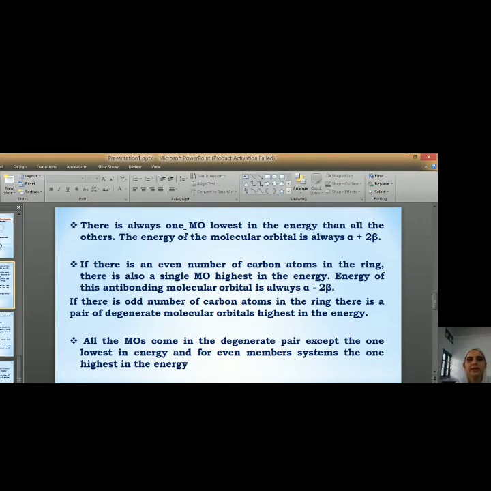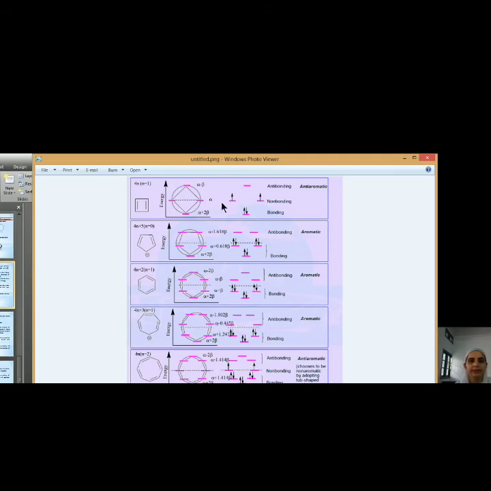There is always one MO lowest in energy than all the others and the energy of this MO is always alpha plus 2 beta. That is, in all these cases, we have a lowest energy orbital, that is this one, and its energy is alpha plus 2 beta in all these cases.